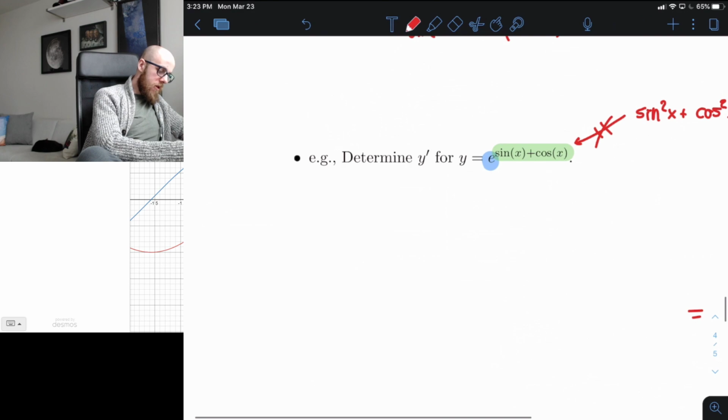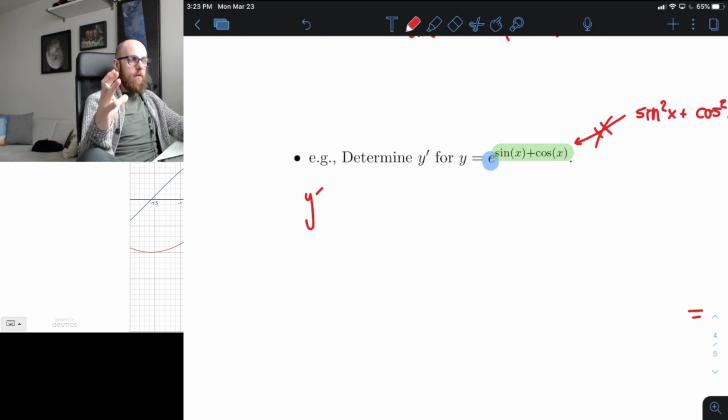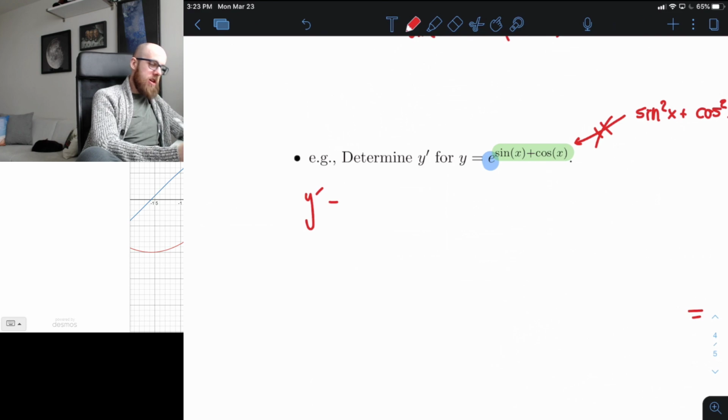Let us take the derivative. So y prime. Again, I'm applying the chain rule here. I start with my outer function, in this case e to the x. Well, that's fantastic because the derivative of e to the power of something is that same thing. So e to the sine of x plus cos of x. Nothing changes there. That's nice.